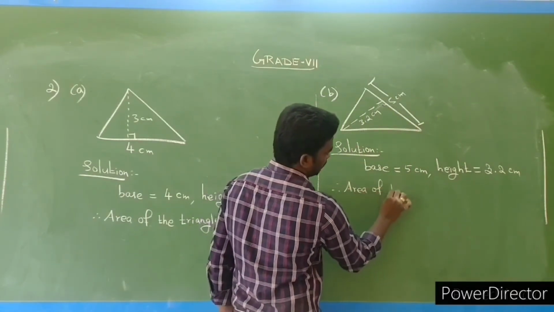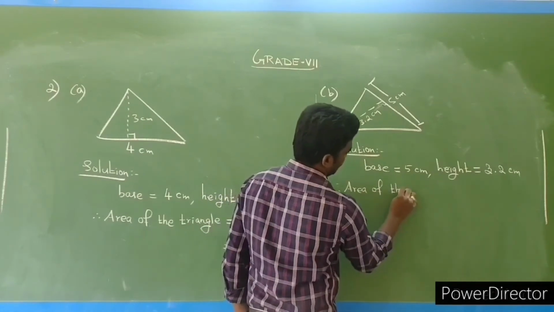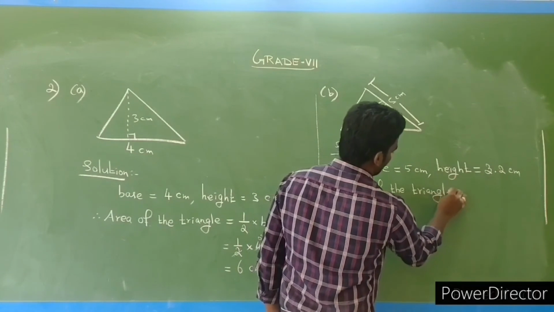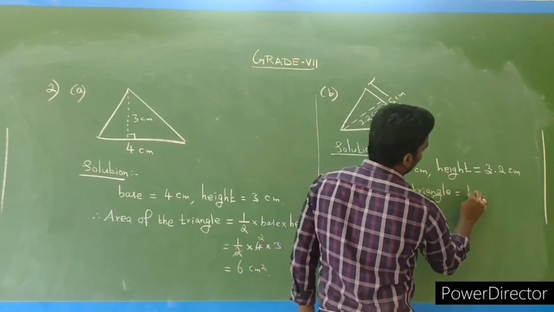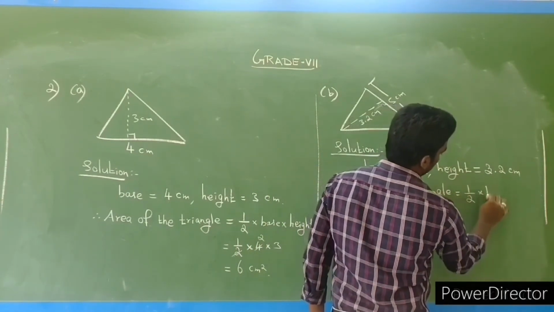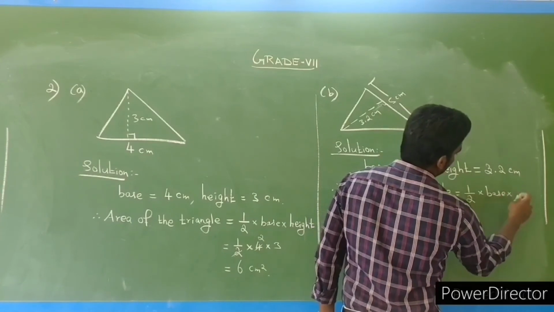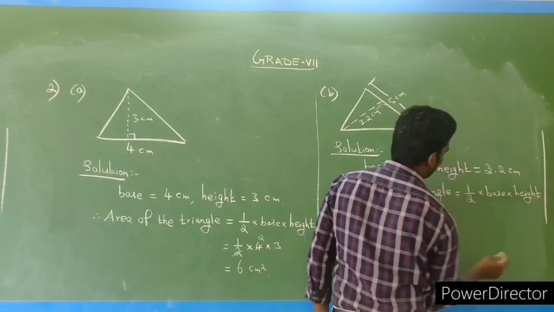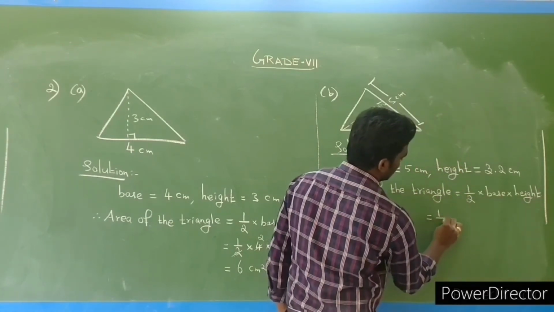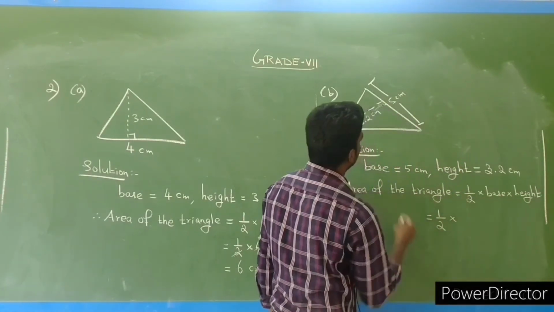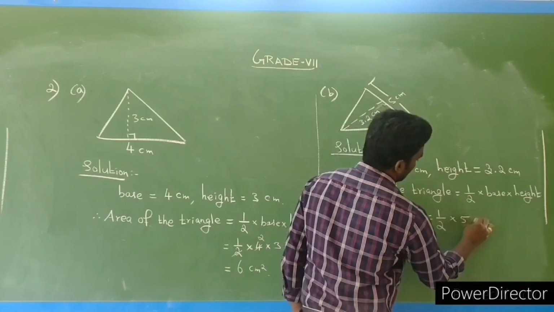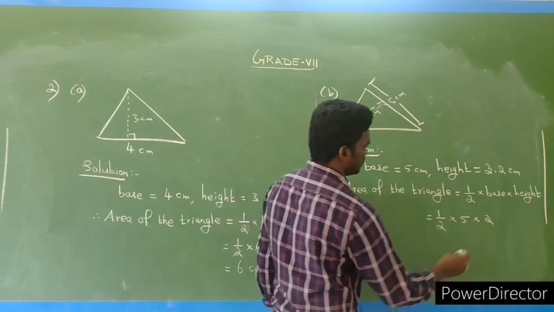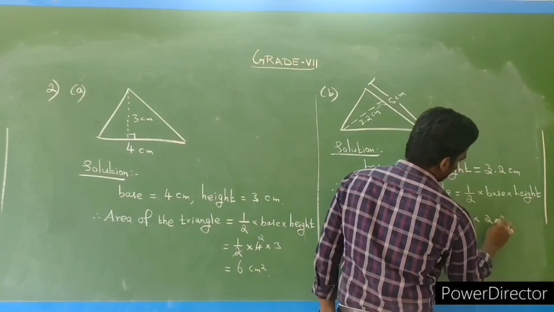What is the area of the triangle? Area of the triangle is equal to half into base into height, half of base into height, which is equal to half into the base value is what is that? 5 centimeter, and height is 3.2 centimeter.